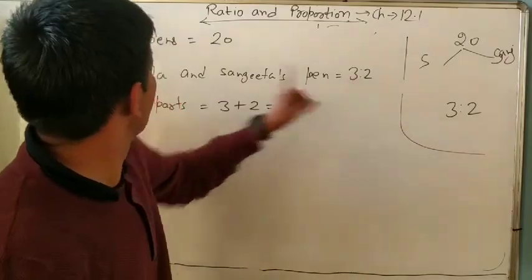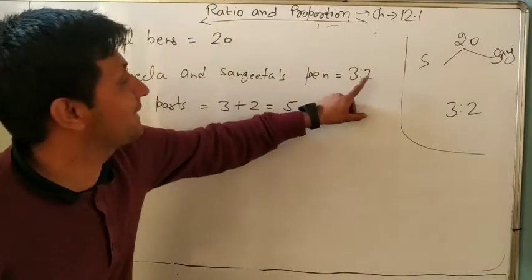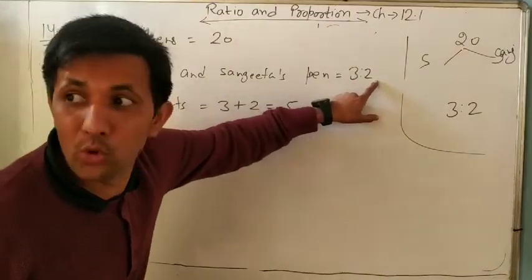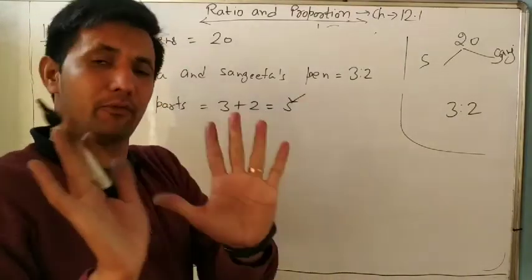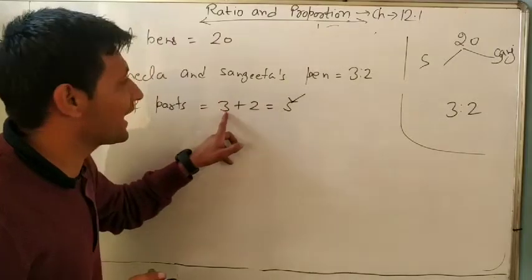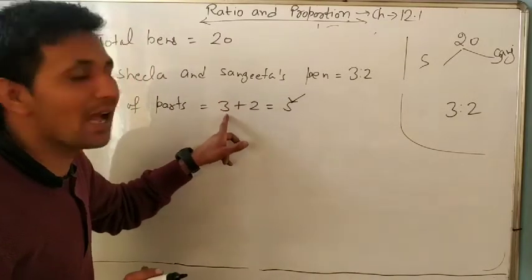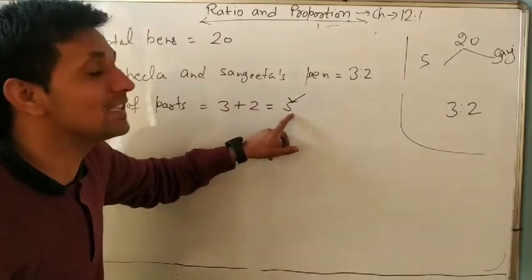What is the meaning of this? It means if Sheila has 3 pens, then Sangeeta has 2. So if the total pens are 5, then Sheila has 3 and Sangeeta has 2.